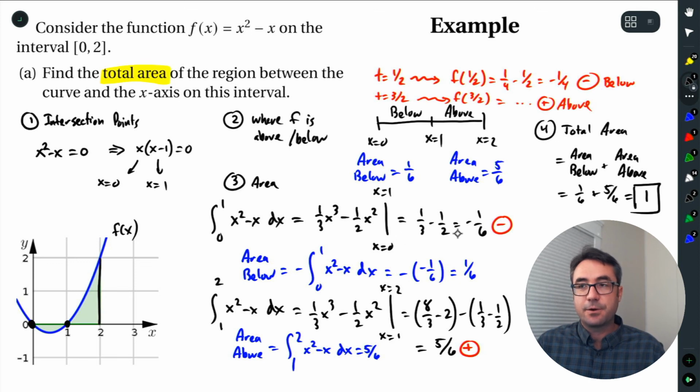Since our region was below, we threw in this extra negative. So for sections of our graph below the x-axis, the definite integral gives us a negative value, and to get the area, we just make it a double negative. Well, we'll try a few more examples like this, just to practice these area calculations.